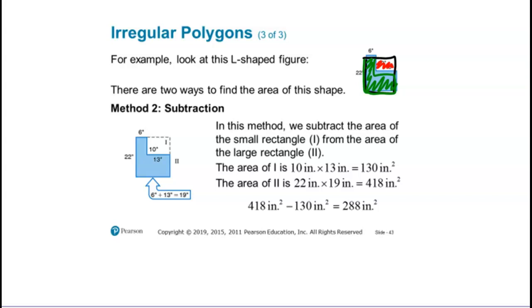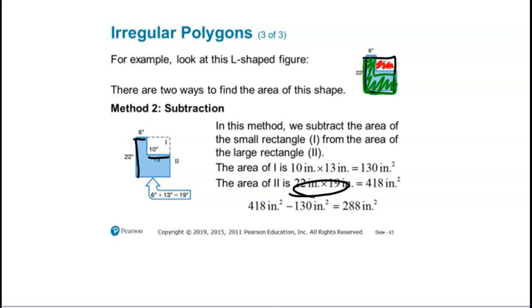And so to be able to do that, it's very similar to what we did in the other one. So you look at the whole rectangle, and you say, okay, it is 22 feet tall, and then it is, let's see, 6 feet here and 13 feet here, so altogether that's going to be 19, so it's 22 times 19.